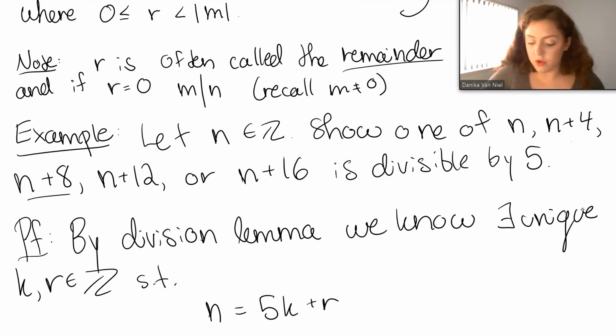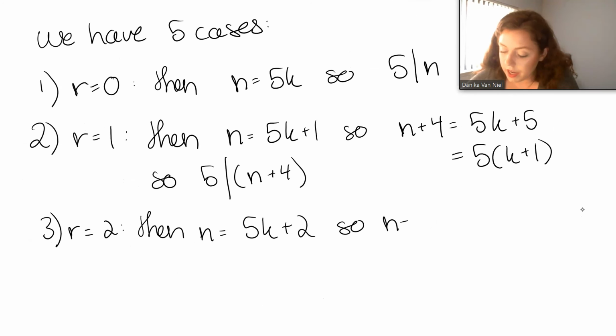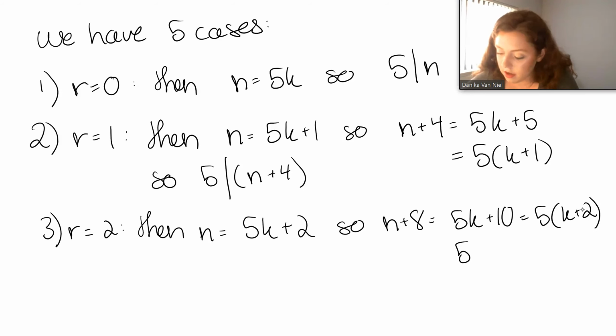If I do 2 plus 8, that's 10. That's divisible by 5. Cool. So n plus 8 equals 5k plus 10, which is 5 times k plus 2. All right, nice. 5 divides n plus 8.